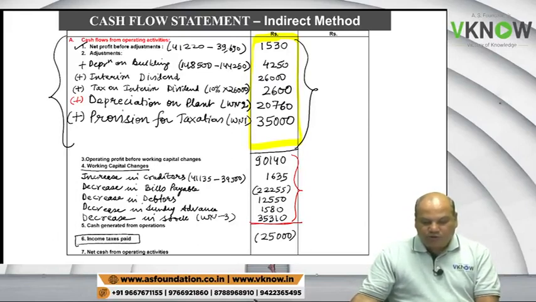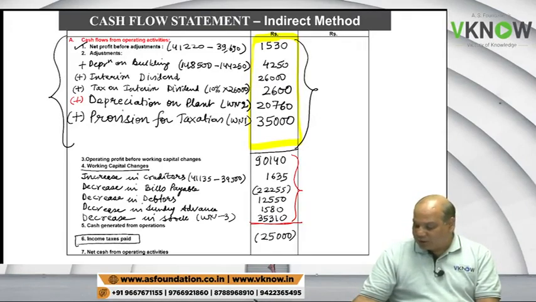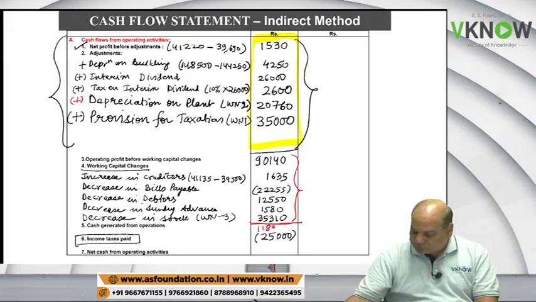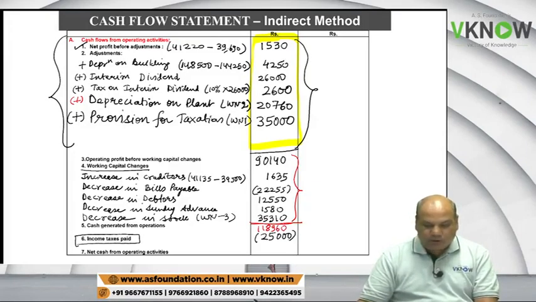Sakshi is right. Jan is right. Come on. Cash generated from operation 118,960 minus income tax paid 25,000.